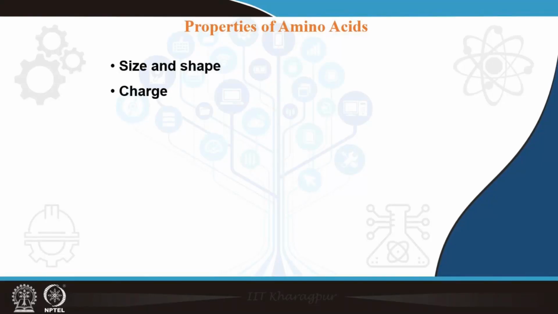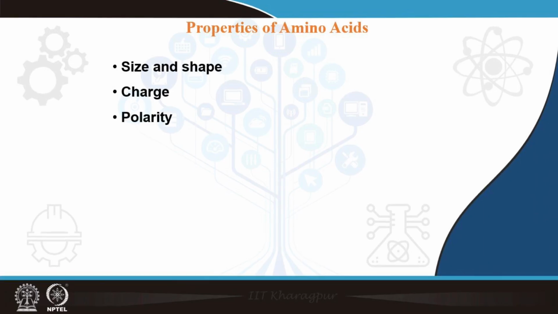What else? The charge. We just saw in the previous slide how we have the groupings. So we can have positive amino acids. What are the positive amino acids? Lysine and arginine. What are the negative amino acids? Aspartic acid and glutamic acid. The next would be the polar amino acids. Now what is the difference between the charged ones and the polar ones?